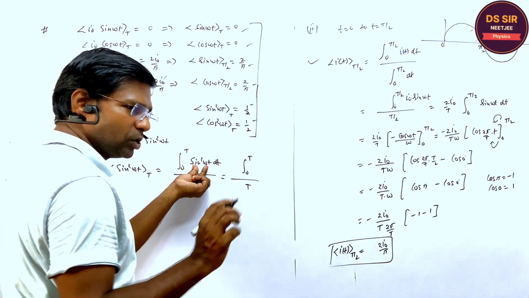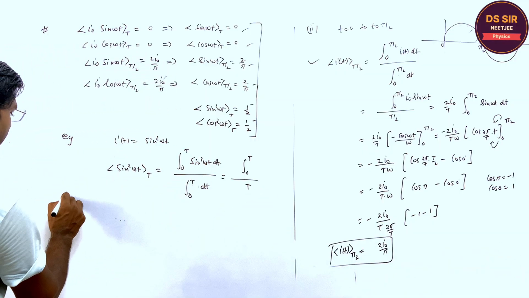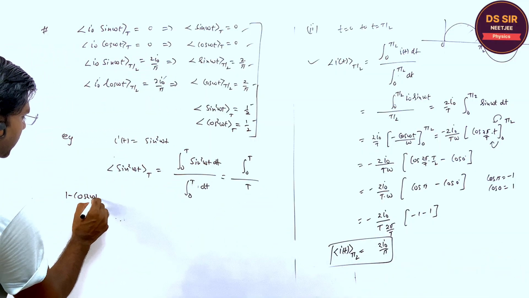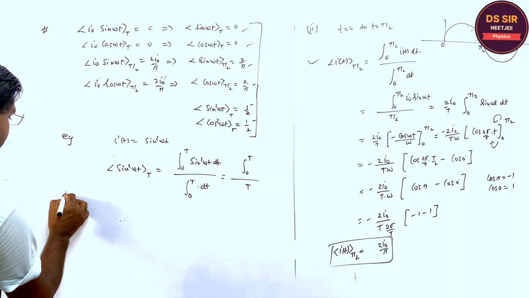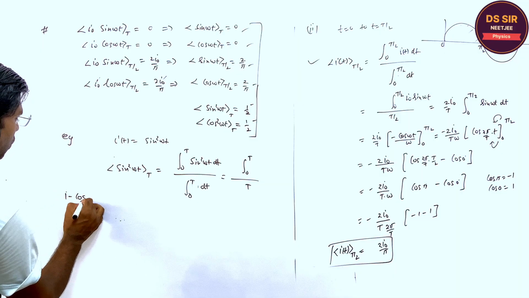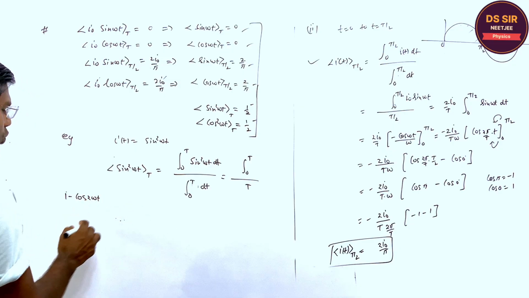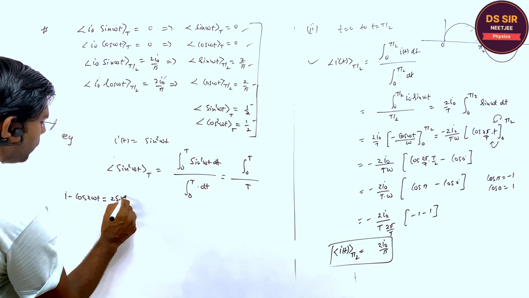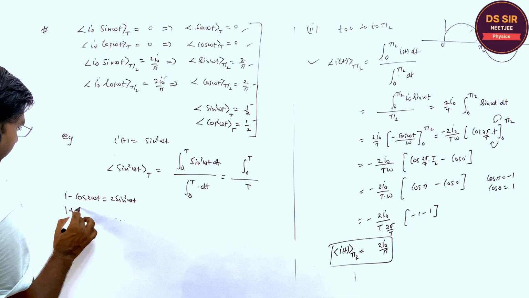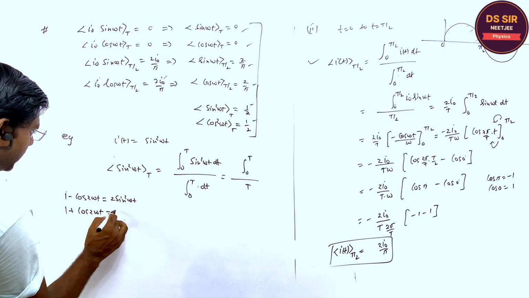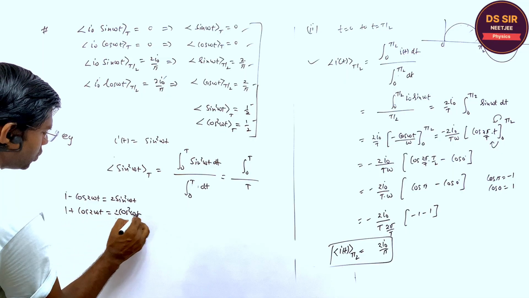To integrate this sin square omega t, you will remember the identity: 1 minus cos 2 omega t is equal to 2 sin square omega t, and 1 plus cos 2 omega t is equal to 2 cos square omega t.